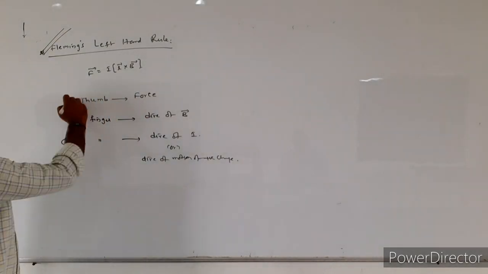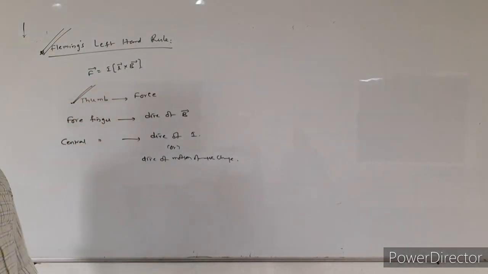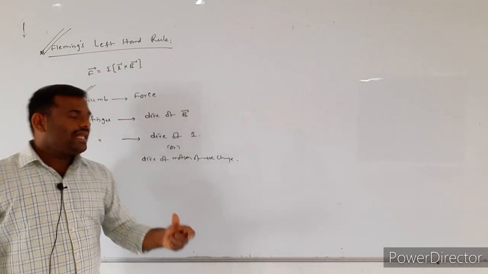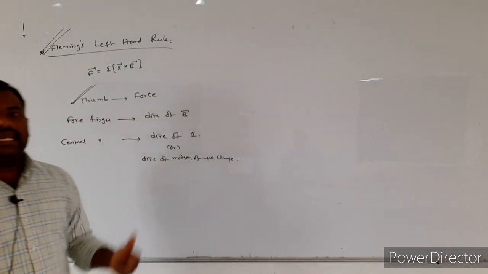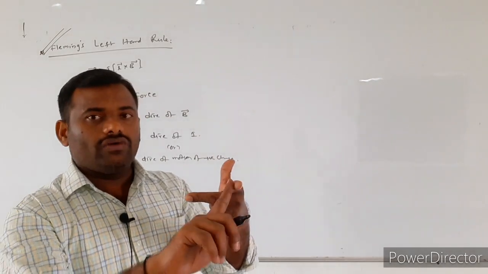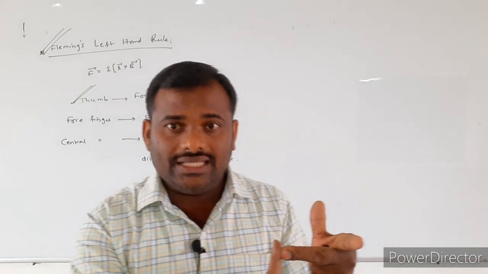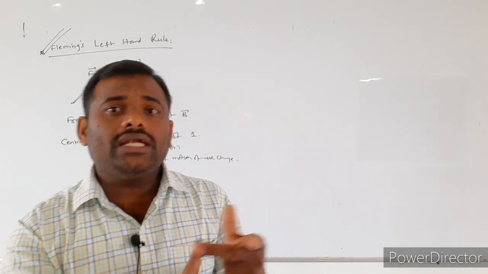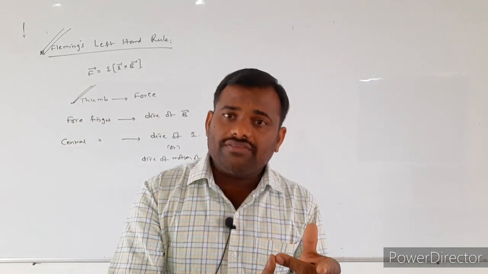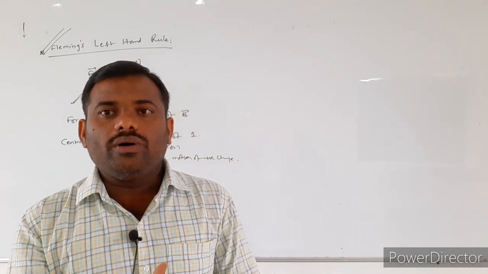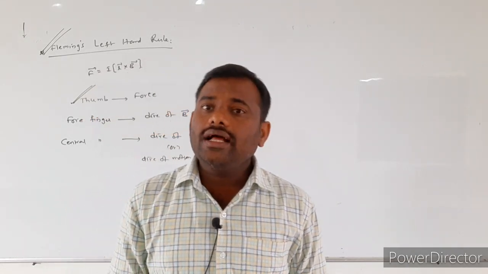According to the rule, the thumb represents the direction of the force, the forefinger indicates the direction of the magnetic field, and the central finger indicates either the direction of the current or the direction of motion of the positive charge. So this is about Fleming's left hand rule.